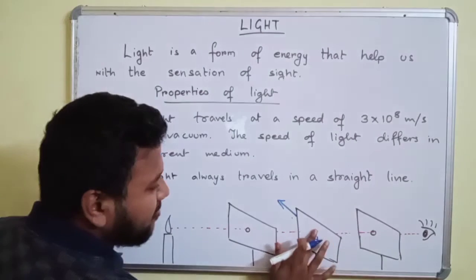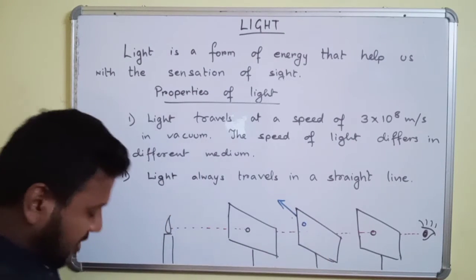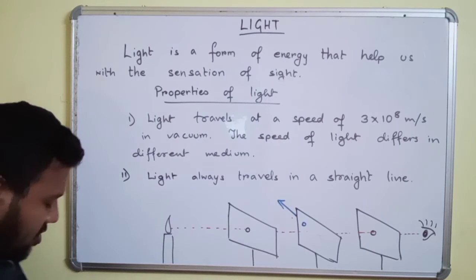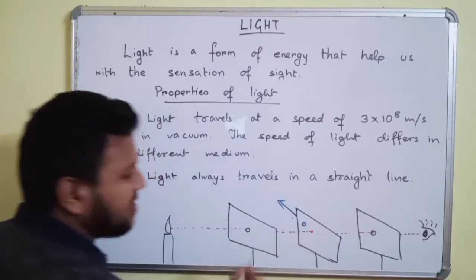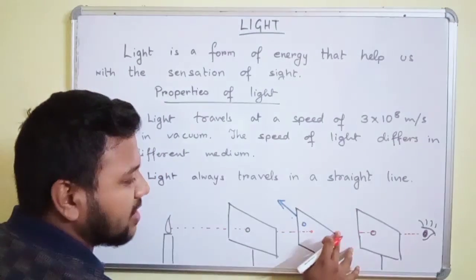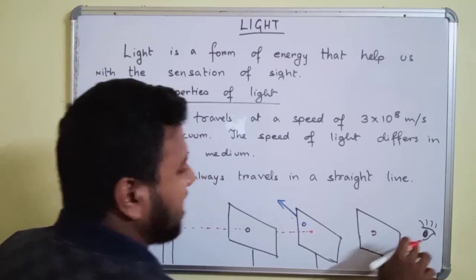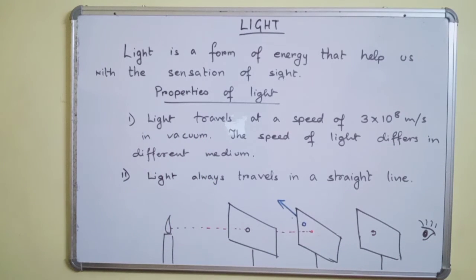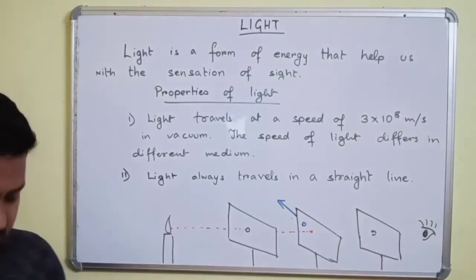Suppose we have pulled the hole over here. So light that is coming from the candle now is coming through this hole and striking at a point here in the cardboard, and no farther light will go. So from this experiment we can say that light always travels in a straight line.